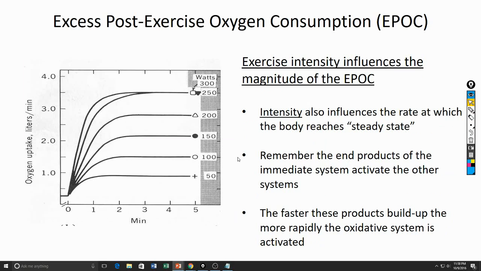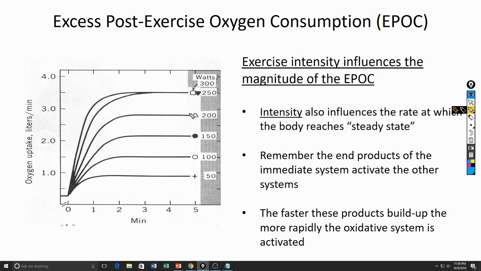Now, the magnitude, or rather the intensity of your work, directly affects the magnitude of the EPOC, right? I said this already. The harder you work, the longer your recovery is going to be, but the harder you work also influences the rate of getting to steady state. If we remember, these different energy systems tend to prime each other.